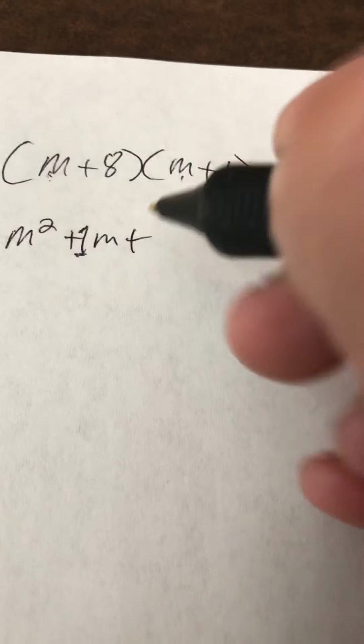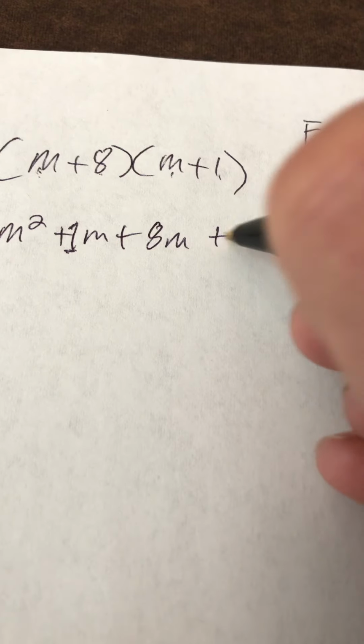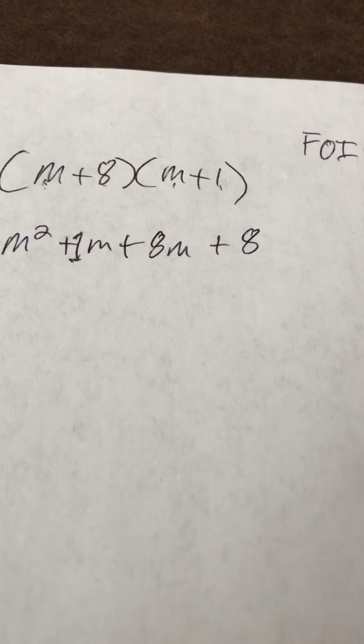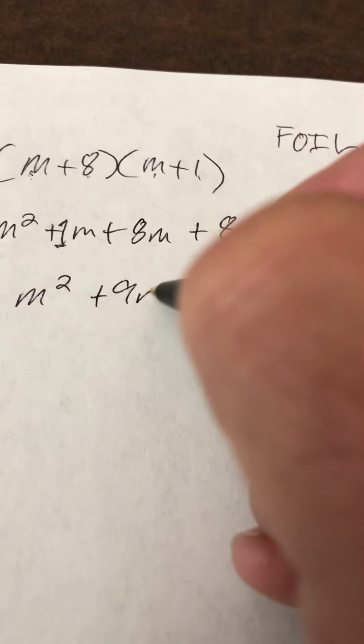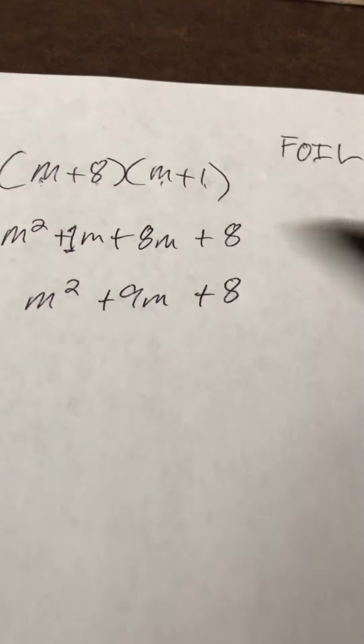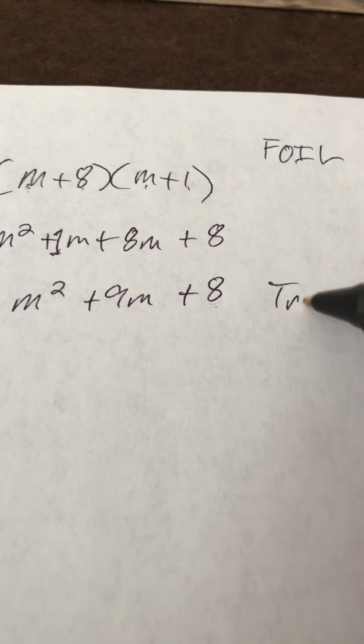I don't have to put the 1 there. The insides are going to be 8m, and the lasts give you 8, since 8 times 1 is 8. I combine my like terms and I get this, which is a trinomial.